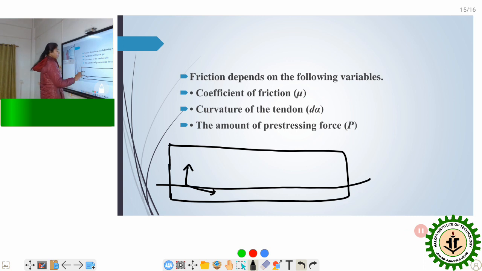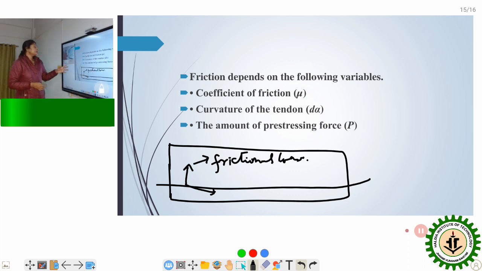The vertical component is directly dependent on the frictional loss happening in the pre-stressed concrete section. So the more the curvature in the tendons, the more the frictional losses. The straighter the tendon is, the fewer the losses.